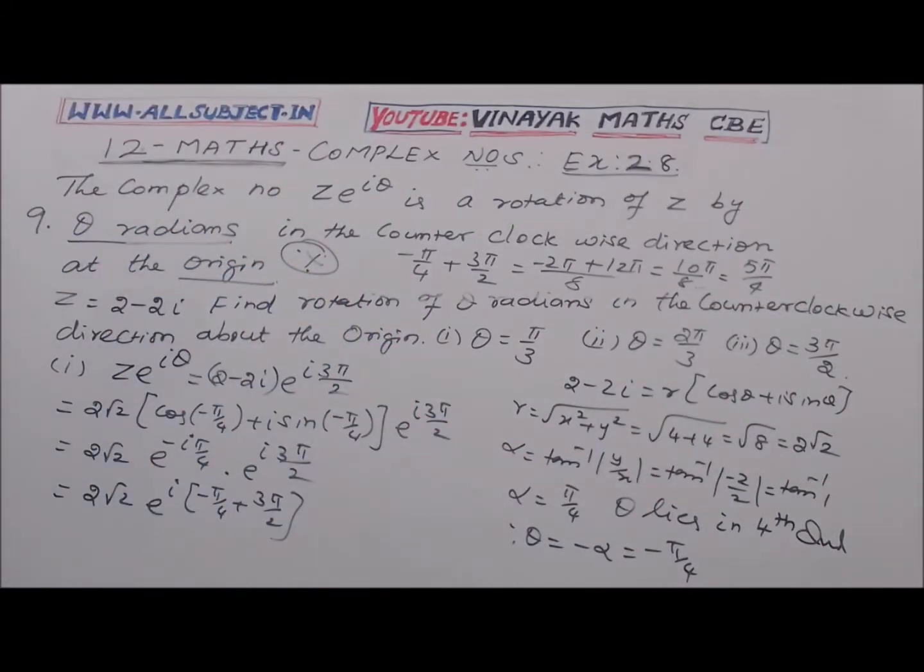The last one is 5 pi by 4. So substituting here, 2 root 2 e to the power i into 5 pi by 4. Now expanding that, equal to 2 root 2 into cos of 5 pi by 4 plus i into sin of 5 pi by 4.